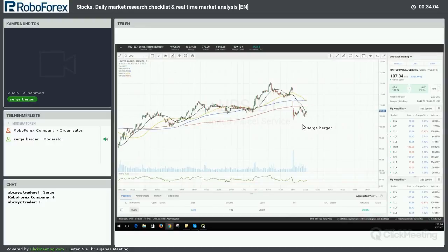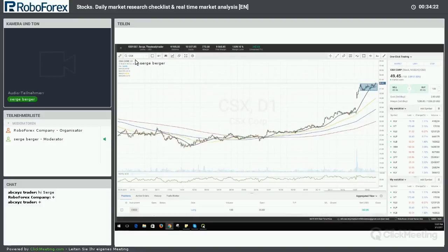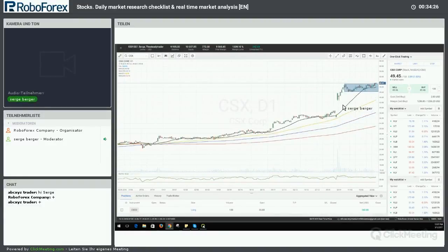I'll tell you that on average, I prefer to buy stocks that are showing relative strength and have tight patterns. So something like CSX, like we looked at just a couple minutes ago, is to me more attractive over time to find opportunities.